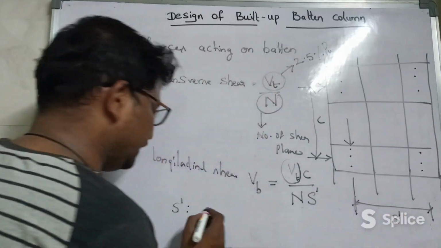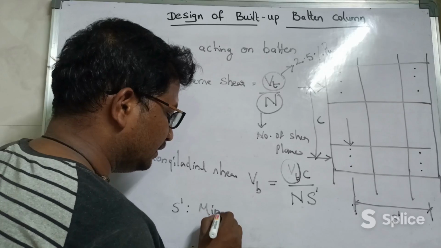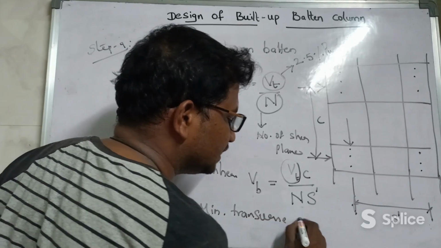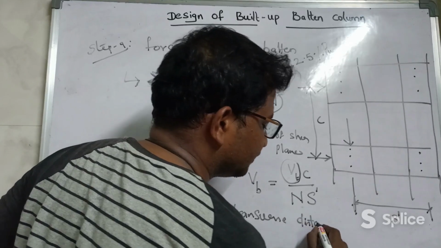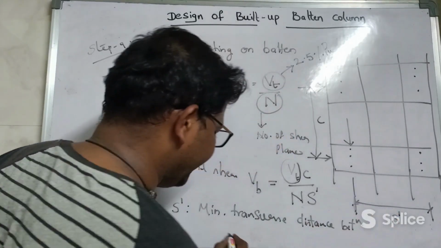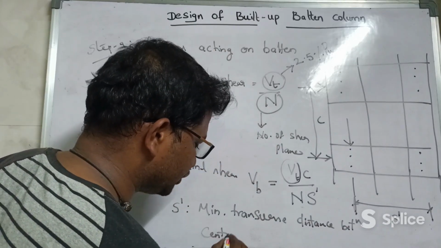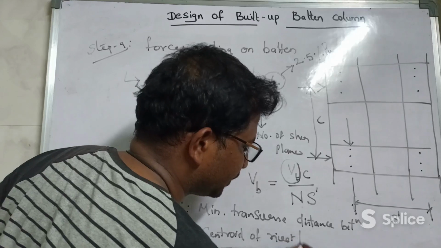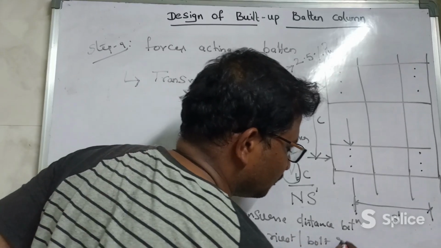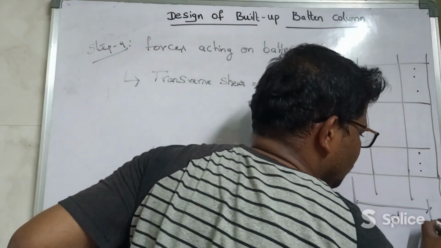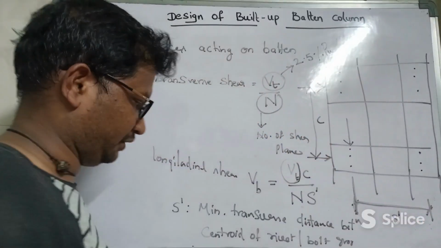S dash is the minimum transverse distance between centroid of rivet or bolt group. Okay, this distance is known as S dash.